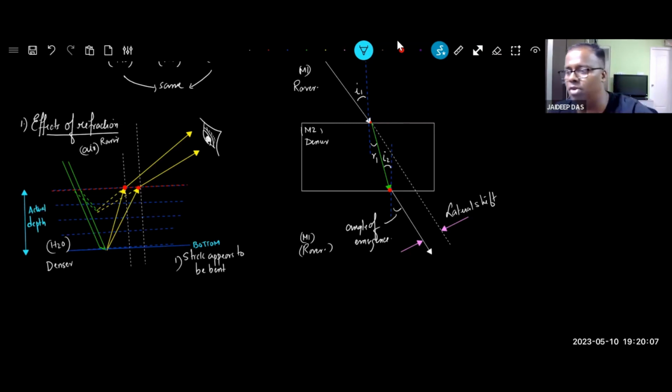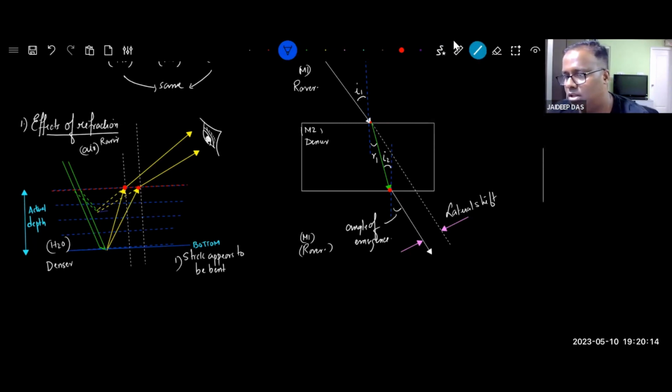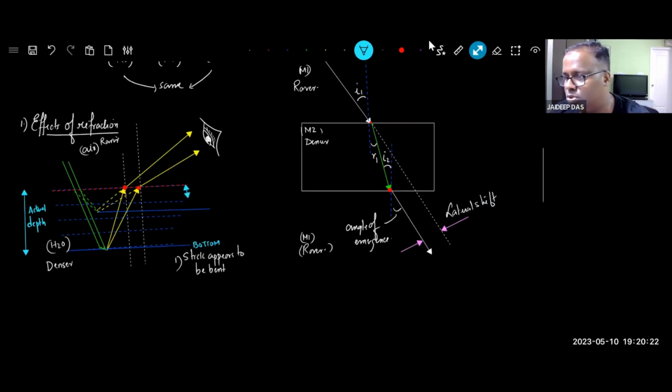But since you are above, at which level do you find the depth? You will find the depth at this level. This is the depth that you are sensing. This will create a bit of a problem for you. It gives you the feeling that this swimming pool is not very deep. All of you must have felt it when you have gone to a swimming pool. So this is known as apparent depth.